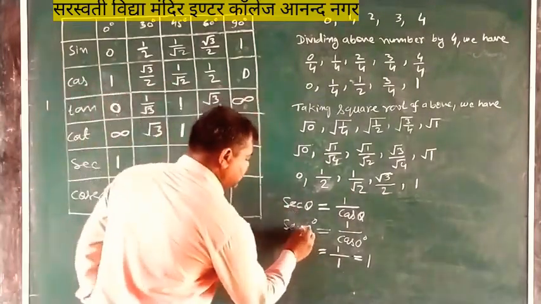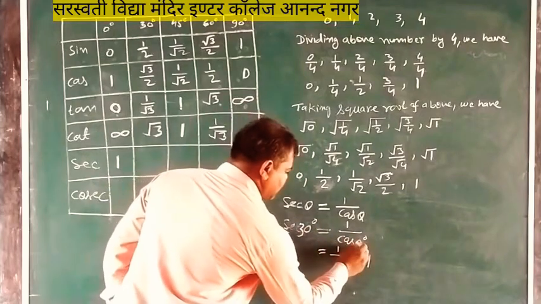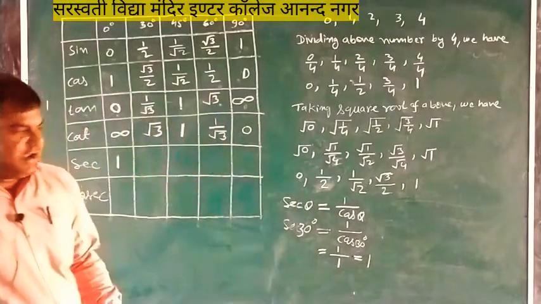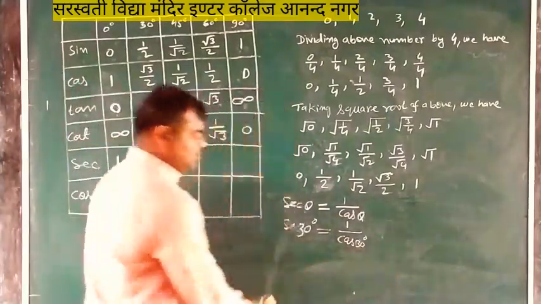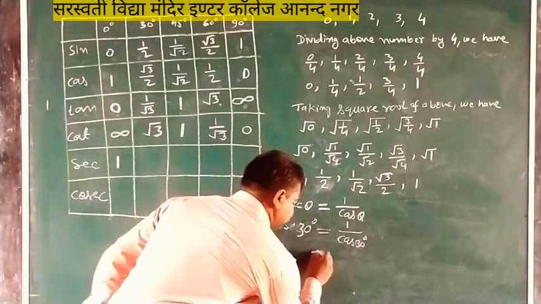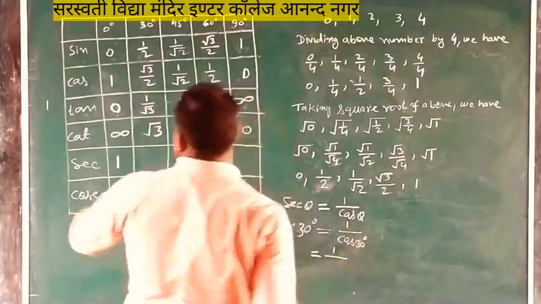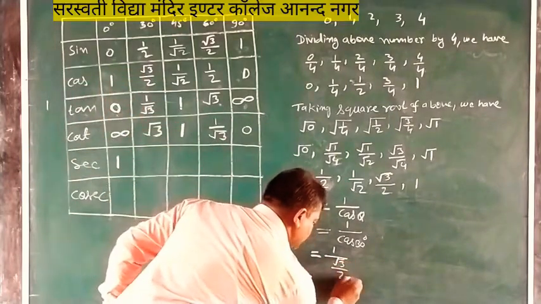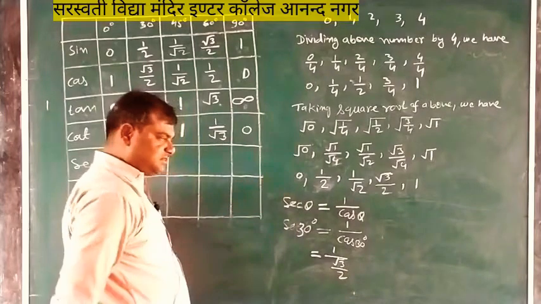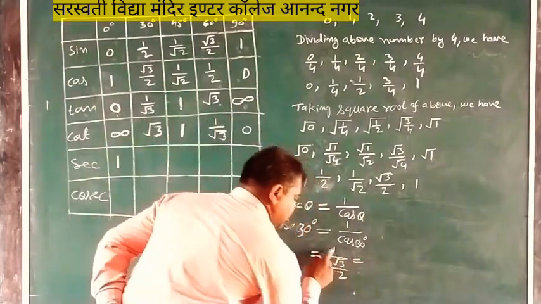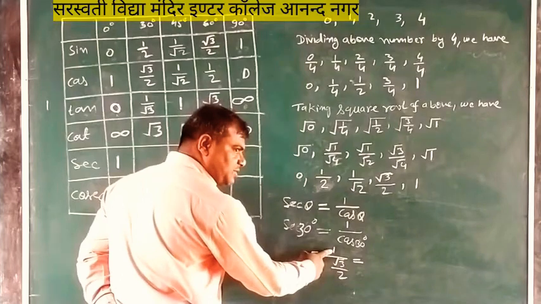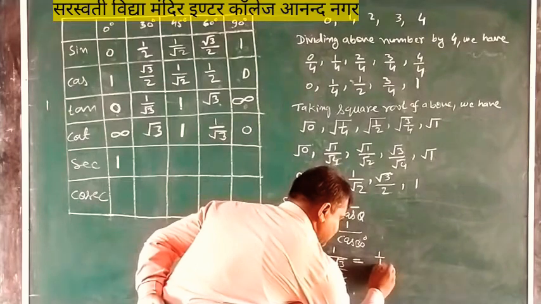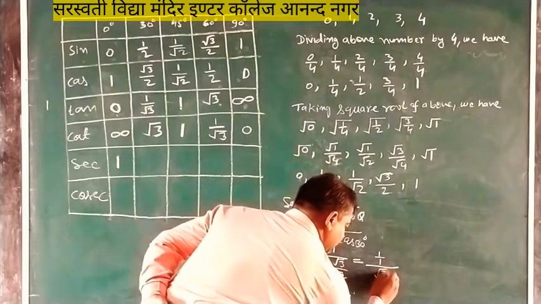And sec 30 degree is equal to 1 by cos 30 degree. Here 1 we will write as such, and the value of cos 30 degree is under root 3 by 2. And how will we solve this? See here, 1 has no denominator, so we write 1 as 1 by 1, and this is under root 3 by 2.